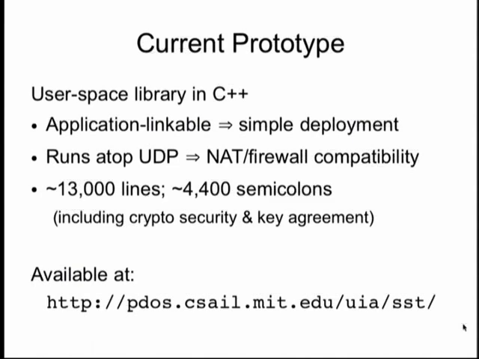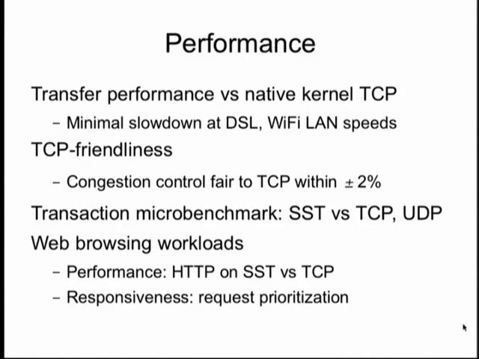It's about 13,000 lines of code now. It's available to browse or download for anyone who's interested. And I'm not going to talk a lot about the performance. There is some evaluation in the paper. For example, against native TCP, it does what you expect.